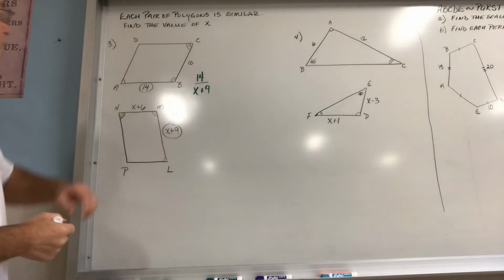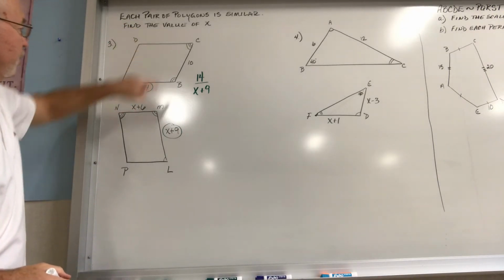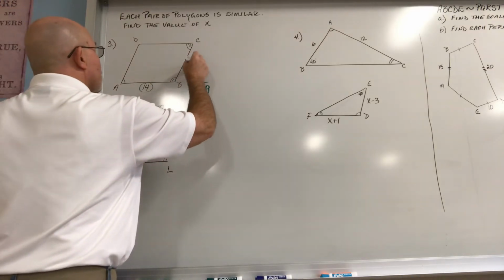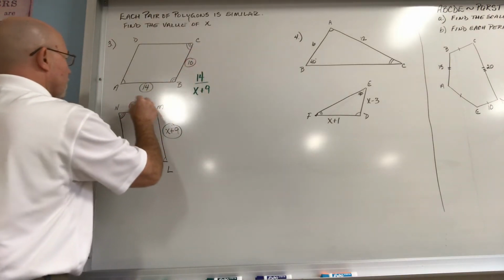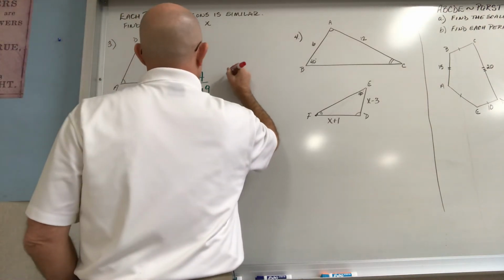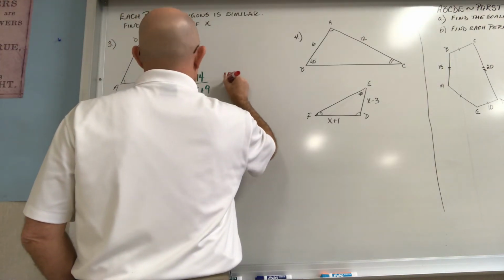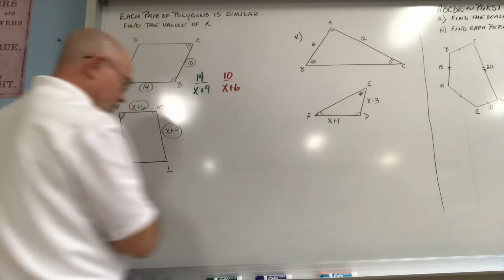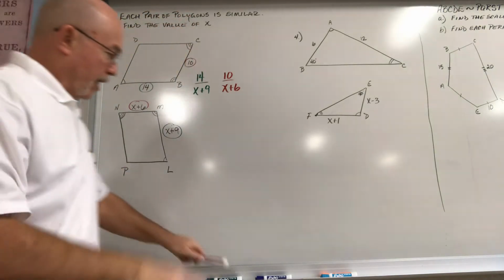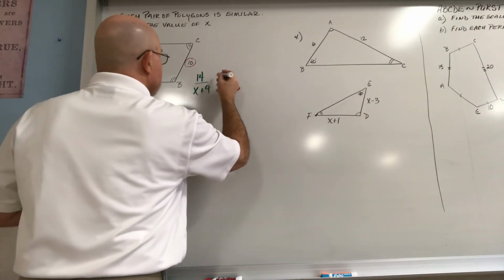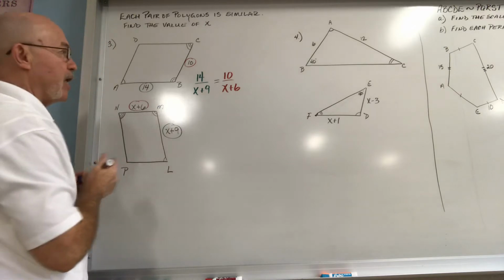Okay? Between the 2 and the 3, between the 2 and the 3. So 10. Those go together. So these are equal. Okay. Now, we're going to cross multiply to solve. That is taking you back to algebra.